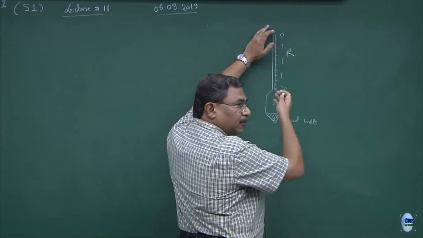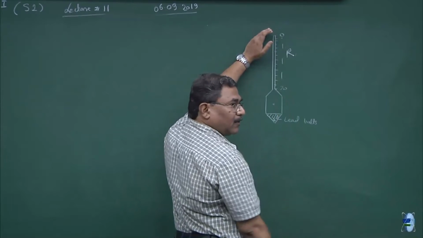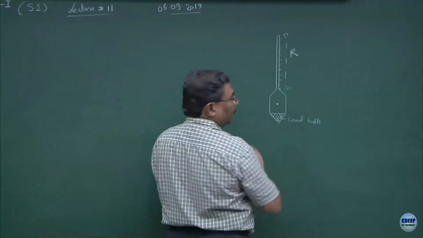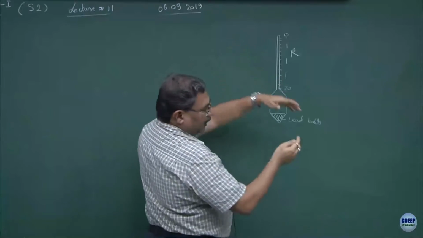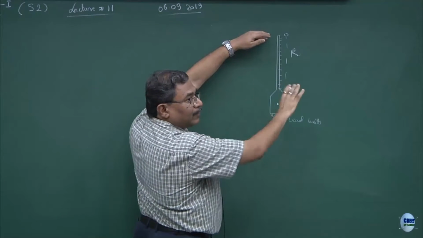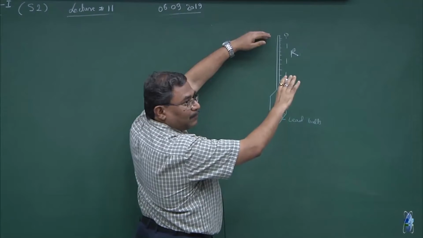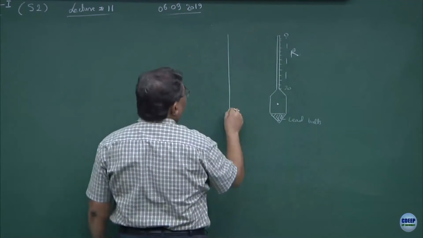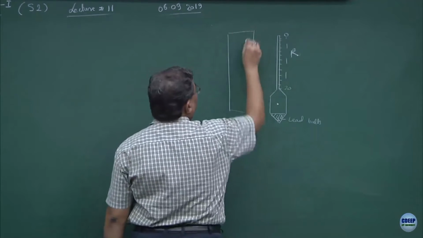As the suspension process goes on in the hydrometer column, what will happen to R? Will it increase or decrease? Look at this density distribution. When you started with an initial density of gamma I and then left the cylinder for settlement, all the particles are settling down. So the top portion of the liquid column is becoming lighter.